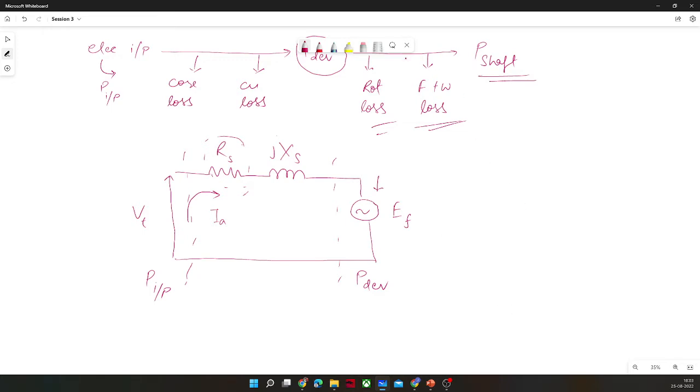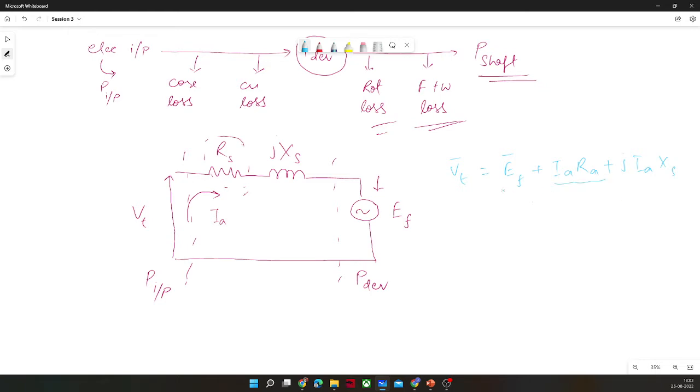I want to write some KVL equations based on this circuit. So I can write Vt is equal to EF plus IARA plus JIA XS.